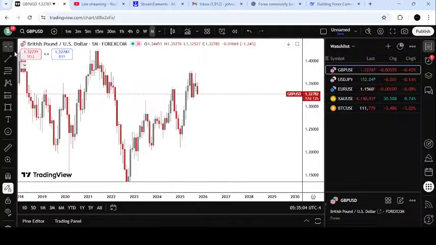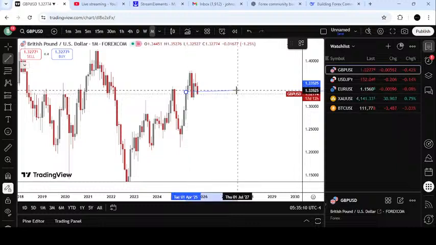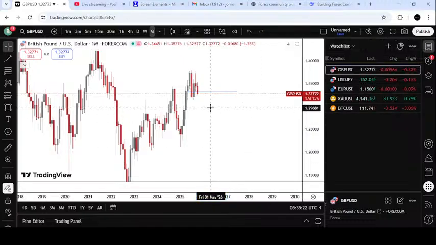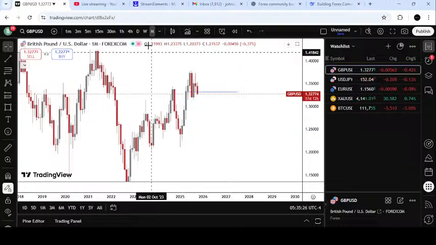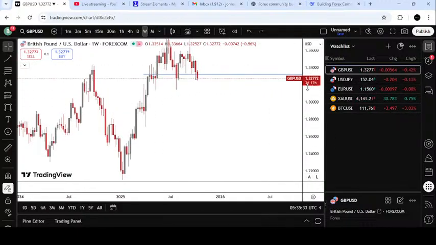Now I'm going to come in here, and I would like to see what has happened to the low or the high of the last month, which is this. Don't forget that the last month high and lows are usually referred to as liquidity, right? The current month will always go to take out the low or the high or even the midpoint of the previous month. So now that I've established that, I'm going into the week to see what the week has done.